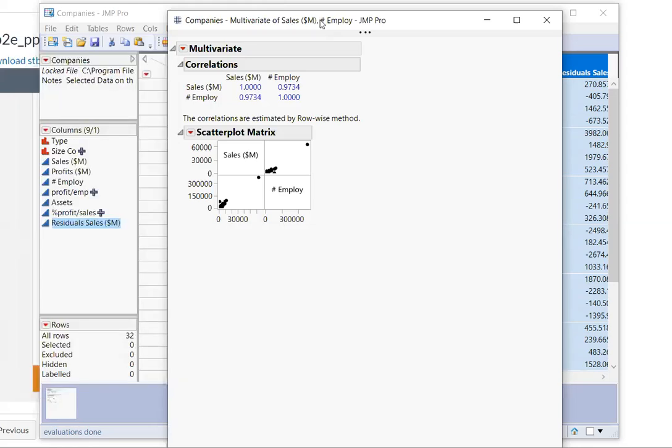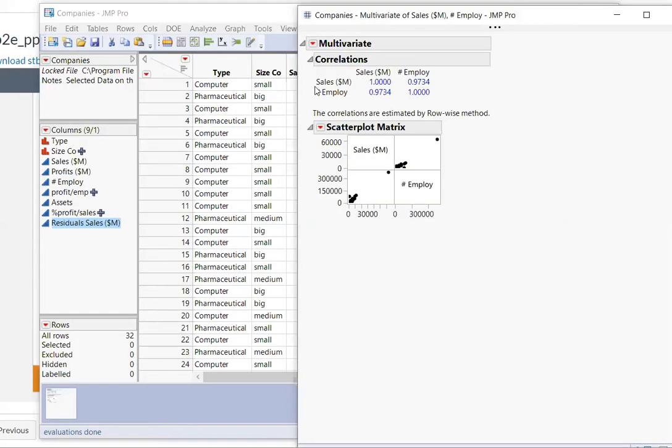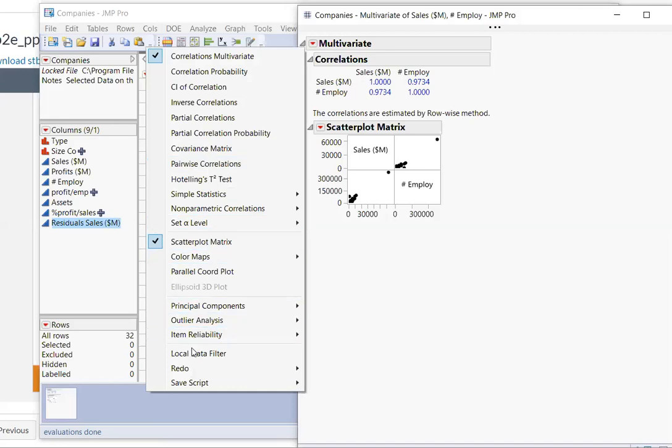Since you don't see it, I have to move this a little to the right. One more time, outlier analysis. There are 3 different methods. I uploaded a link of a video that explains all 3 different types of outlier analysis. I use the Mahal test.